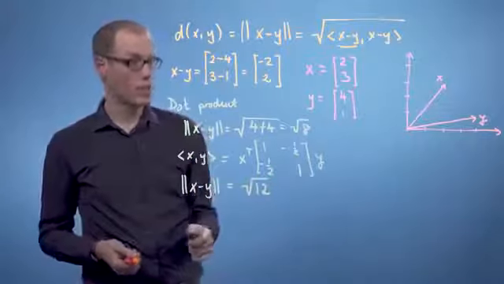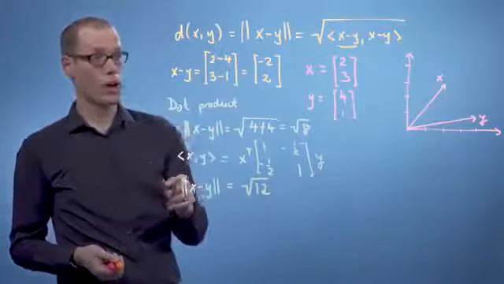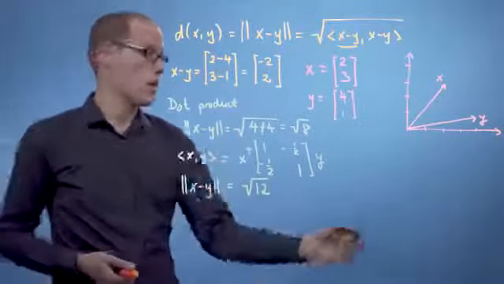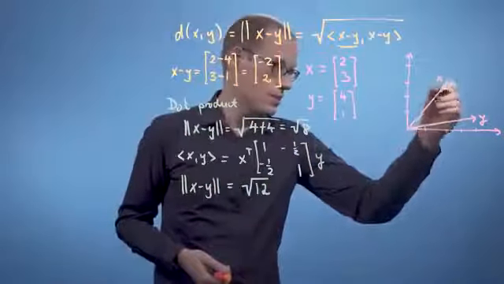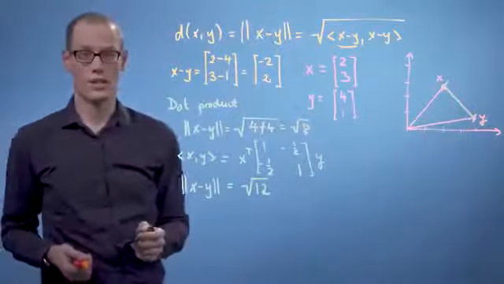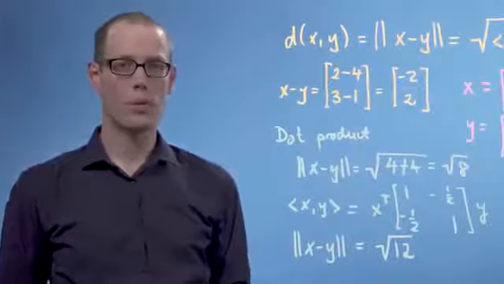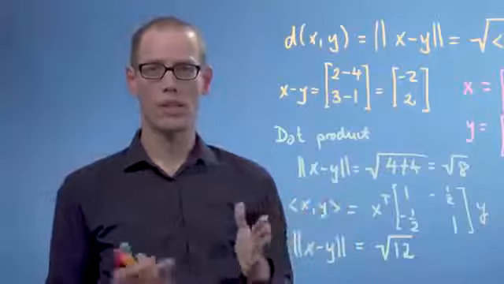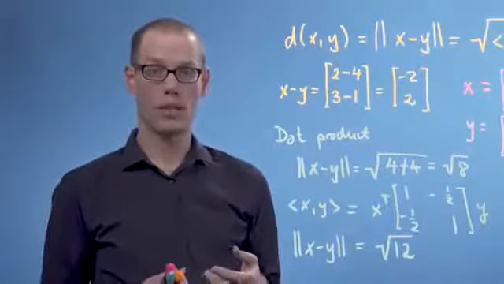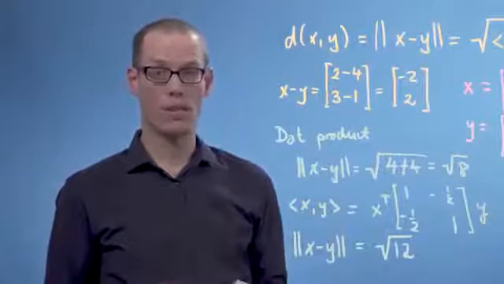So we can see that depending on the choice of our inner product, we will get different answers of what the distance between x and y actually is. In this video, we computed distances between two vectors using inner products. And we saw that depending on the inner product, the distance between these two vectors can differ.